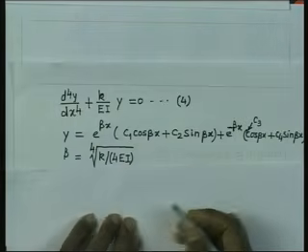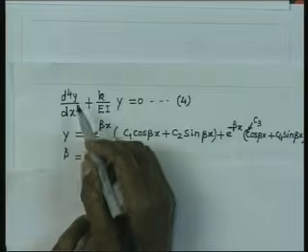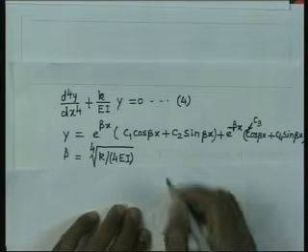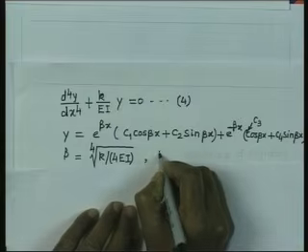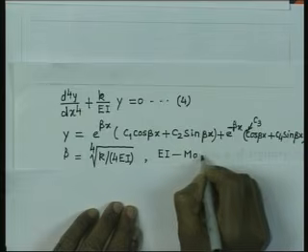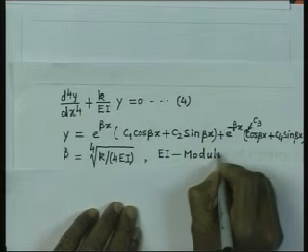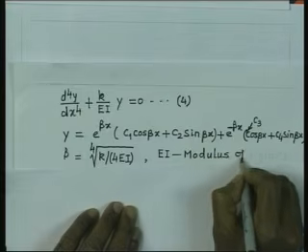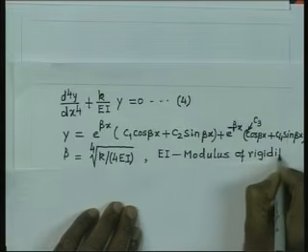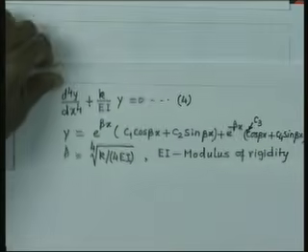So, that is the beta factor, and since it is a fourth degree equation, you expect 4 arbitrary constants C1 to C4 are involved there, and this EI is the modulus of rigidity of the beam section.